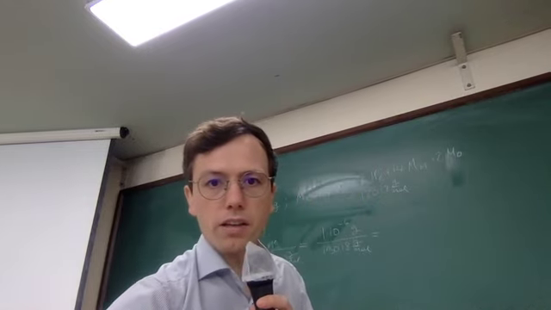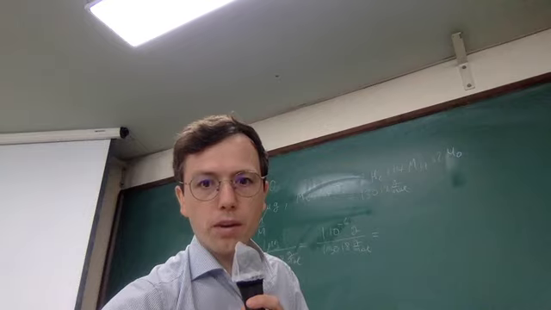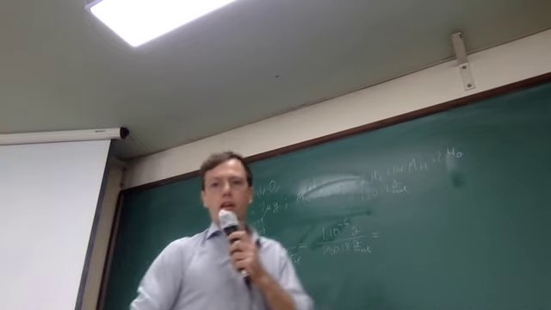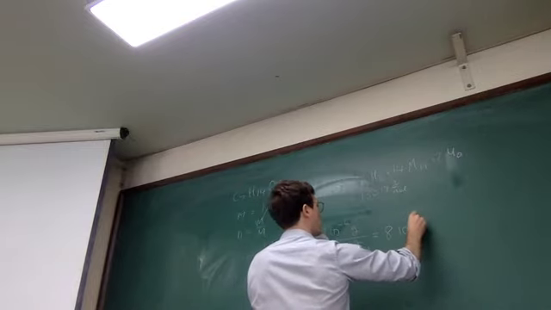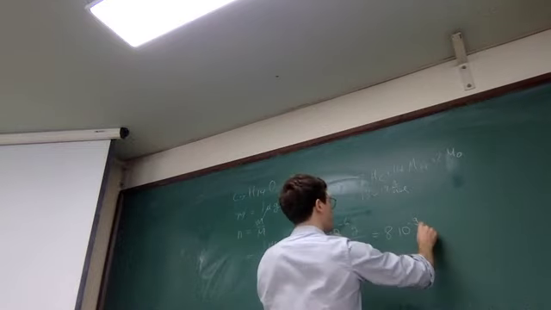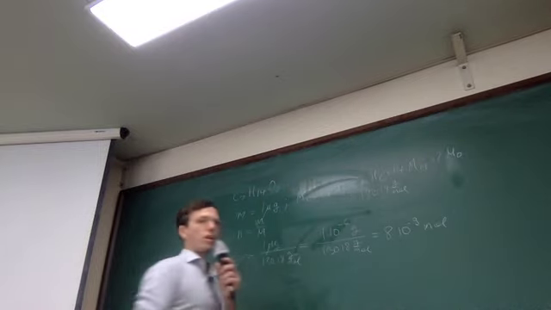I think they didn't calculate because they use a different way. No, they calculate. 8 times 10 to the power minus 9 mole. Now you know the number of moles.